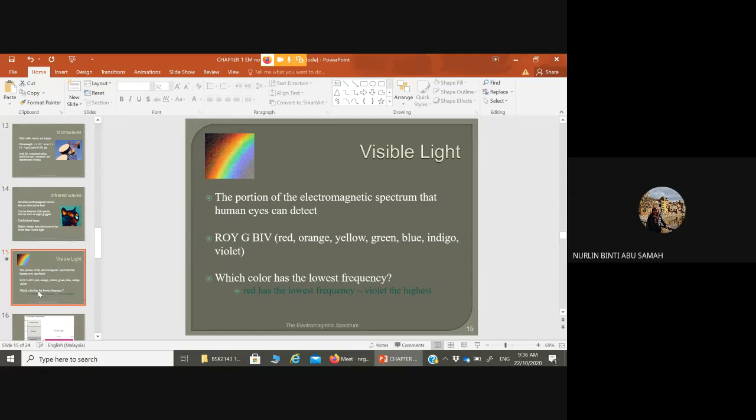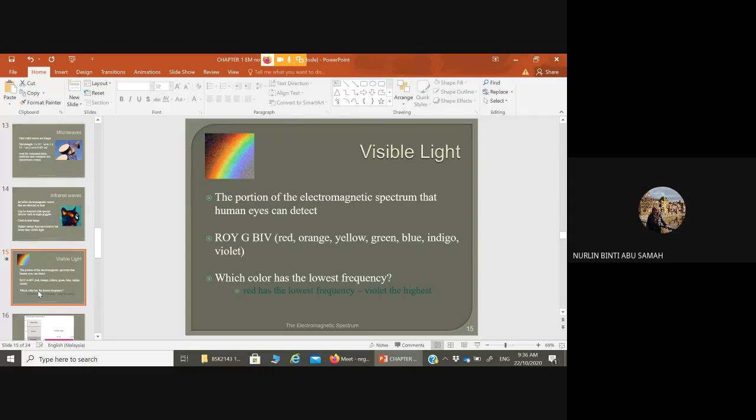From this order, you can see that red has the lowest frequency. So when red has the lowest frequency, what can we say about the energy? Any answer? No? Okay. The order of these colors plays an important part.